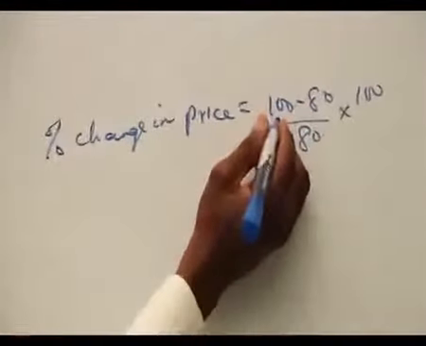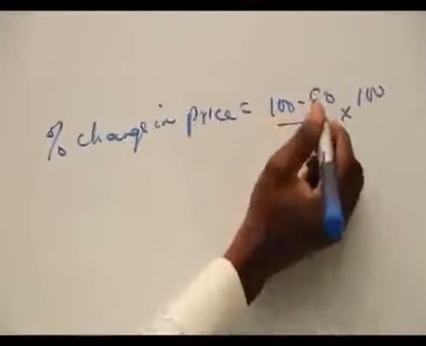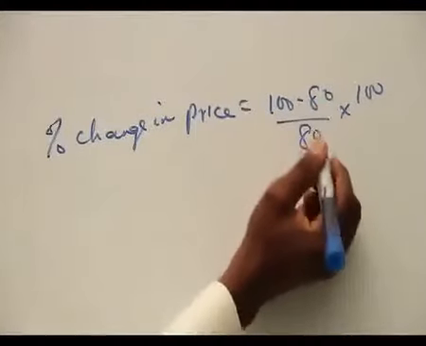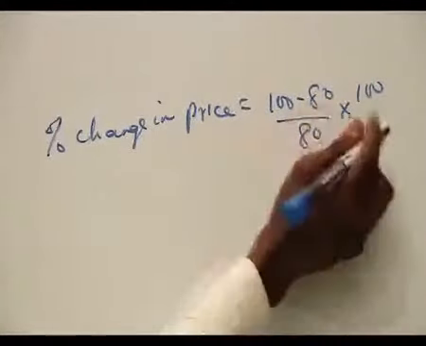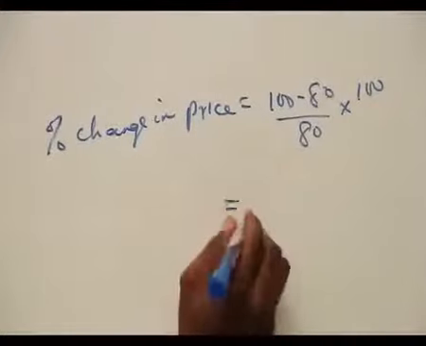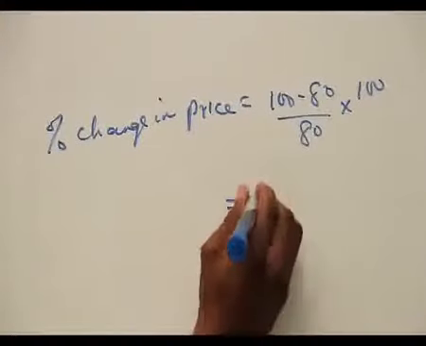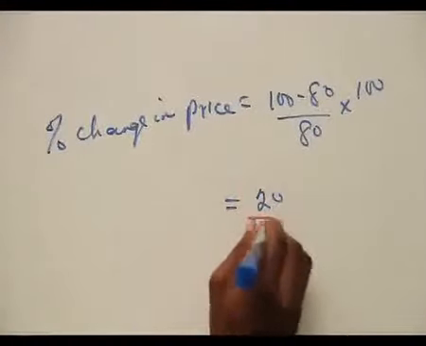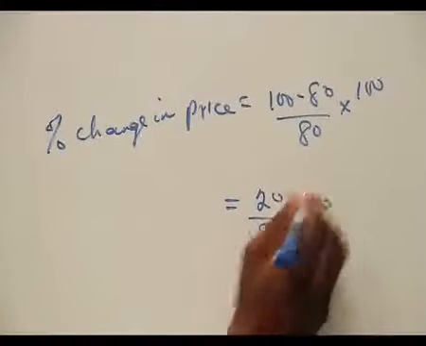The current price is 100 naira, the previous price 80 naira. The difference between 100 and 80 is 20, so we have 20 over 80 times 100.